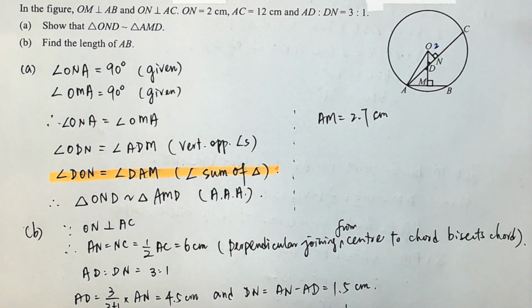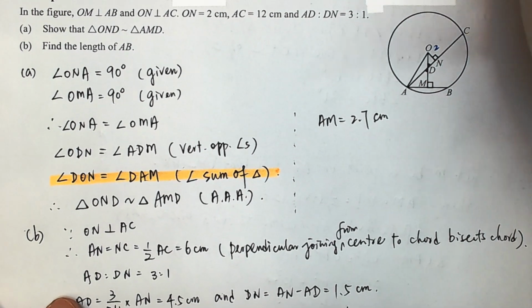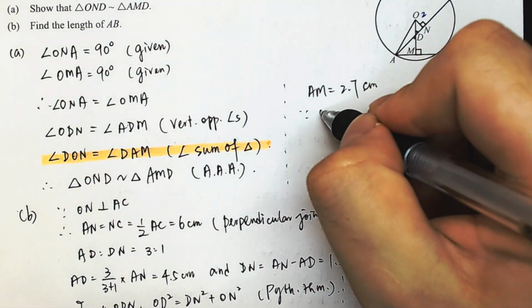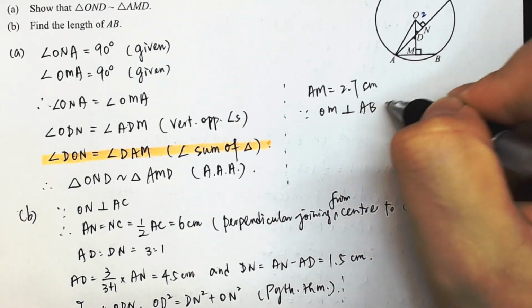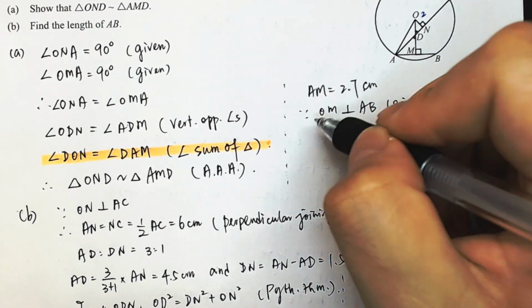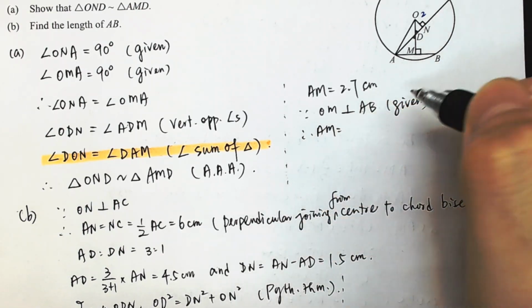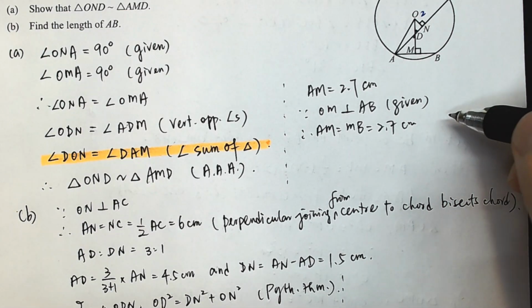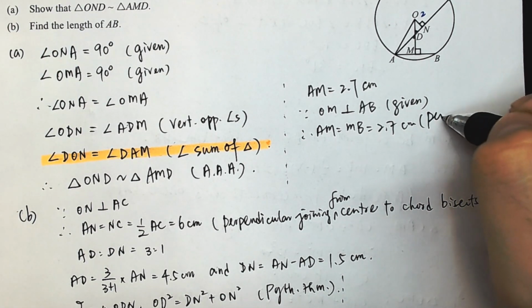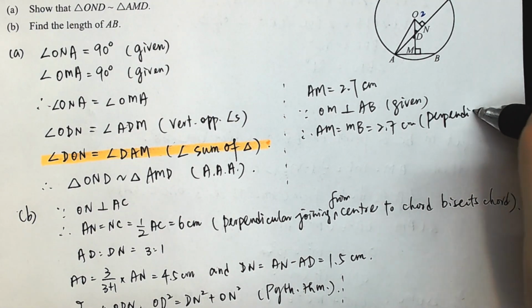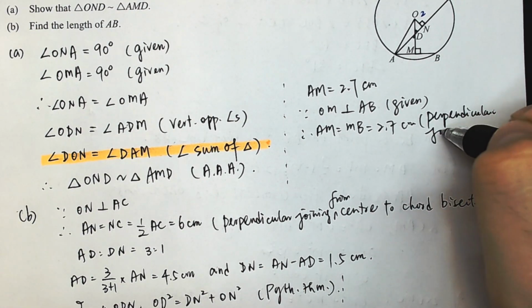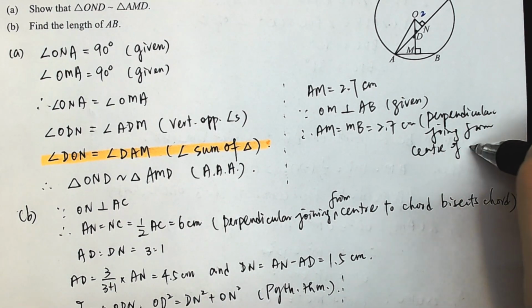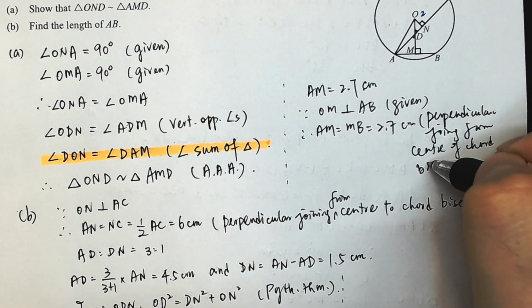And so AB is 5.4, but then we have not yet written AM equals to MB. So this is the final step. Since OM is perpendicular to AB, which is given, AM is equal to MB equals 2.7 cm, and the perpendicular joining from center to chord bisects chord.